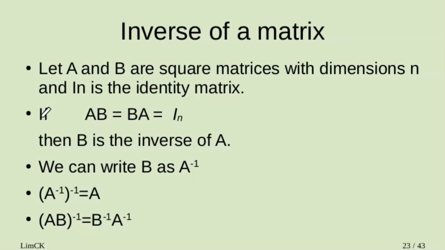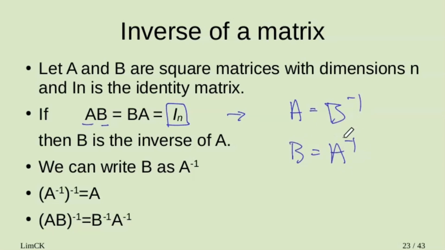If A and B are 2 matrices, you find the matrix multiplication, and you find that AB is equal to BA and is equal to the identity matrix. That means A is the inverse of B, or you can say B is the inverse of A. Same. One rule here: the inverse of an inverse is A itself.